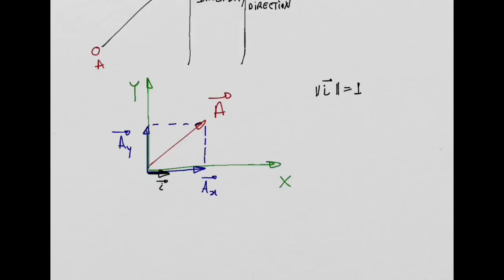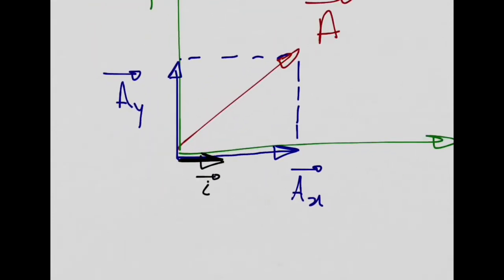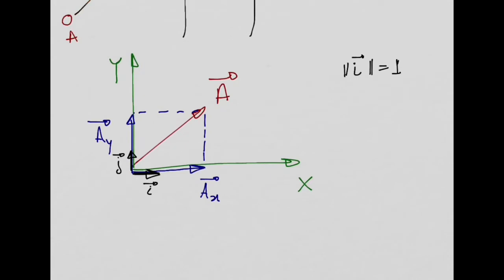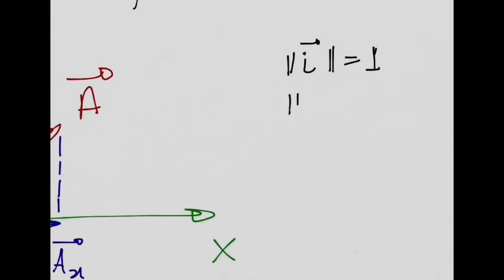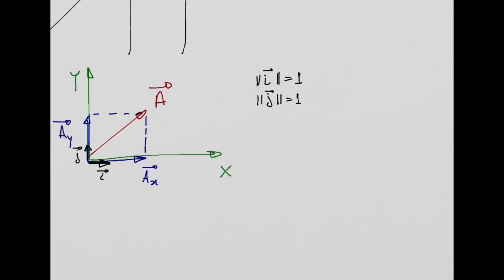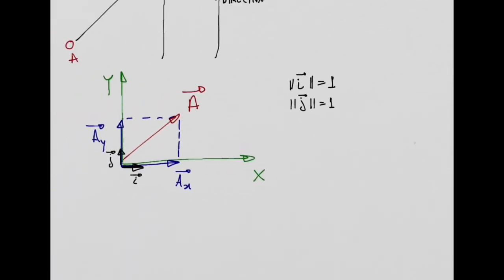Same thing for my y-axis. I can also have here a unit vector in the y direction that I will call j. Again, the norm of j is equal to 1. It is a unit vector as well. The only objective of this vector is to give me the direction of my y-axis.